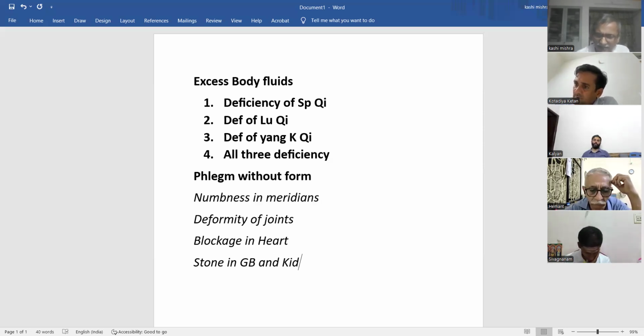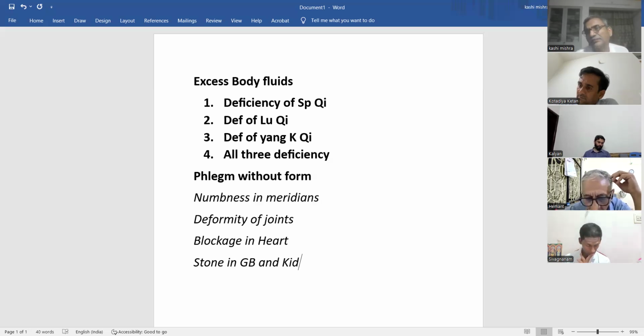Spleen, lungs and kidney, तीनों को. तो हमेशा याद रखिए, wherever there is an accumulation of phlegm, swelling, whichever meridian is going, you can go for opposite flow and simultaneously you should tonify the spleen chi.